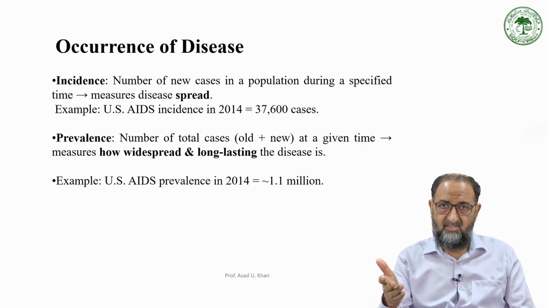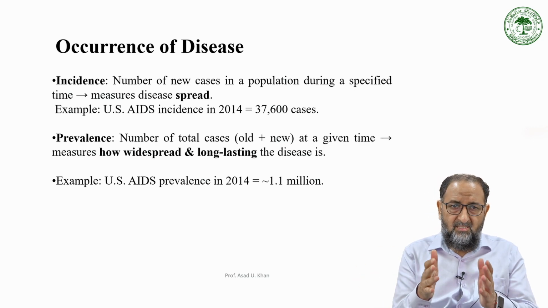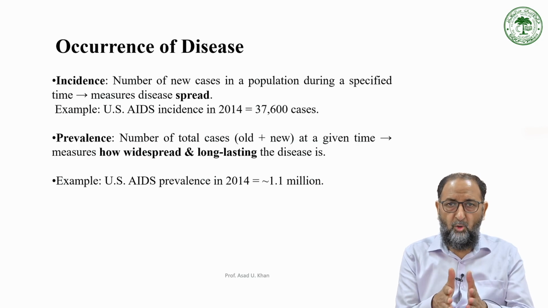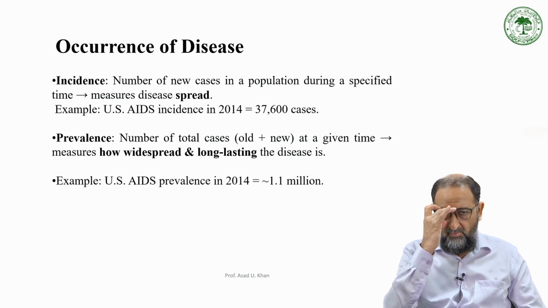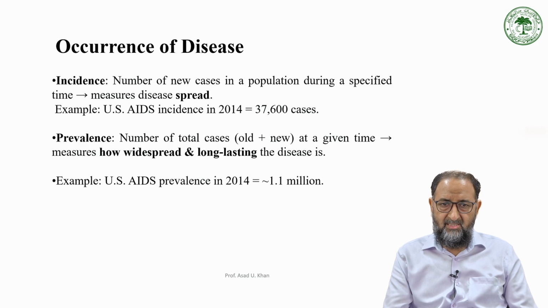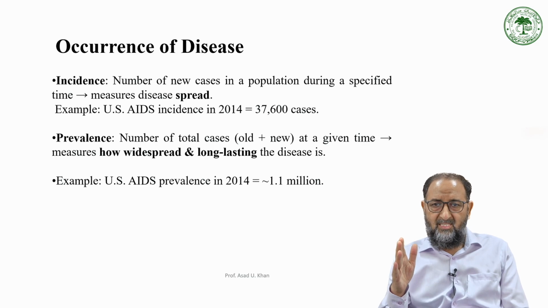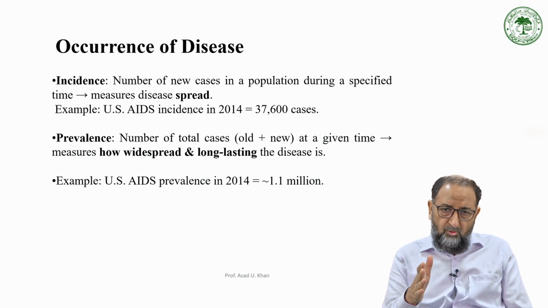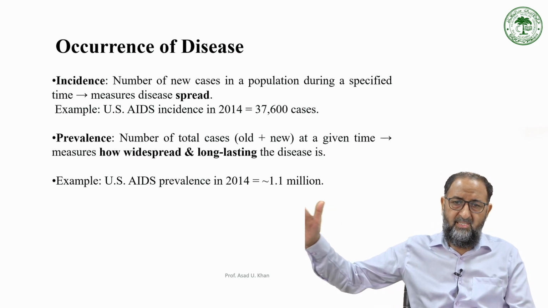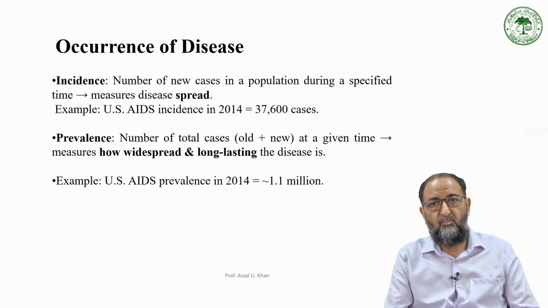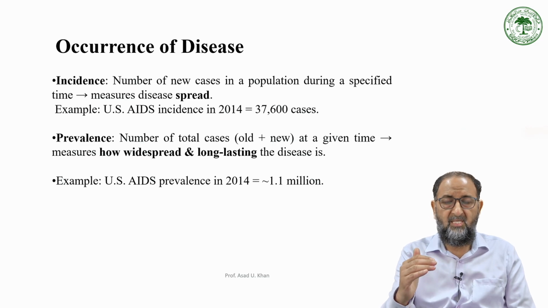Incidence takes place in a particular short span of time. For example, in the US, AIDS cases in 2014 were 37,000. But the prevalence from earlier years till 2014 is around 1.1 million. So this is the difference between incidence and prevalence.